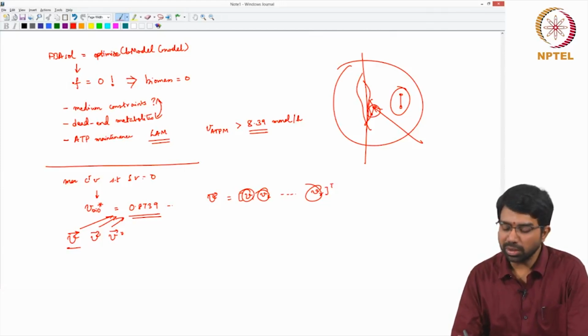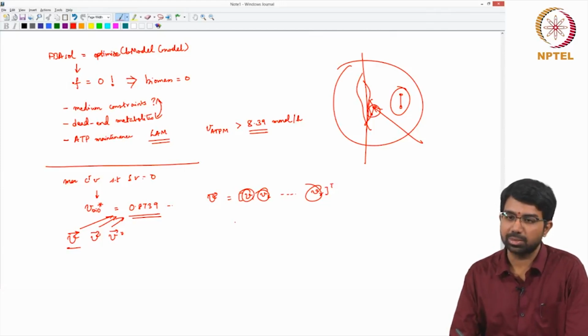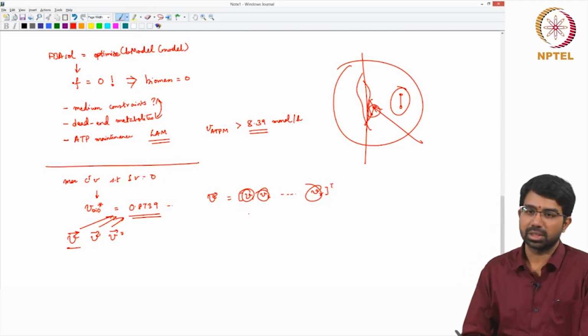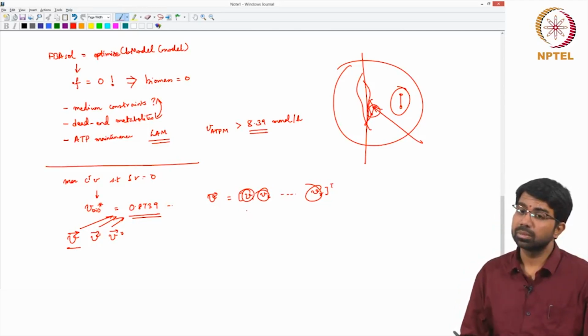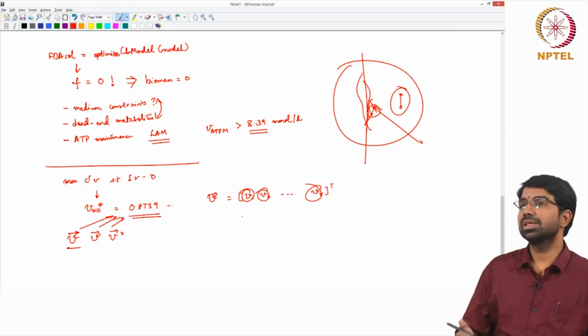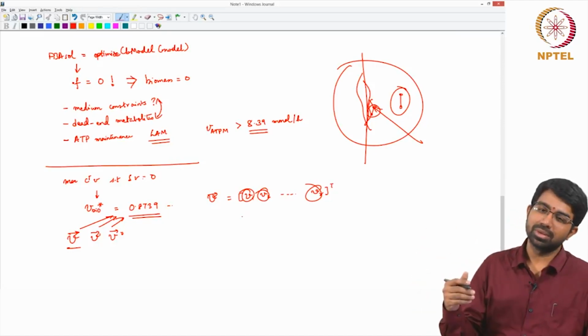Can you think of what is the maximum value of V1 that is possible? Can you set up a simulation to figure that out? What is the maximum value of V1 that is admissible by the cell? Aren't you going to be giving an upper bound? See, that is the upper bound.